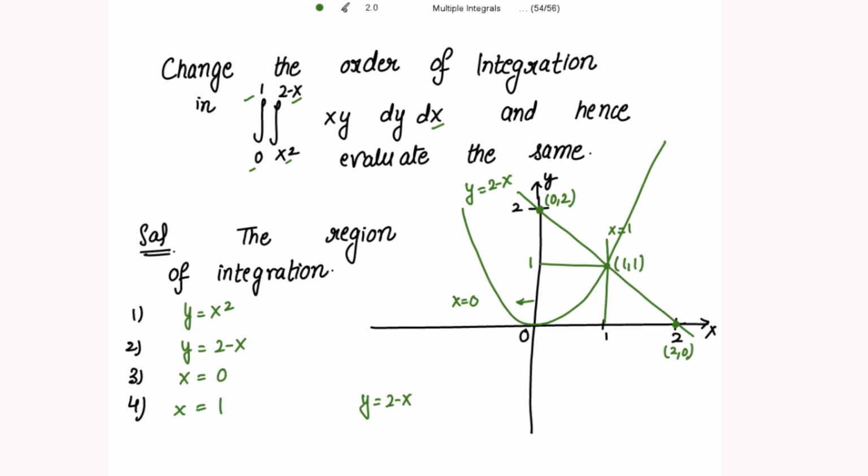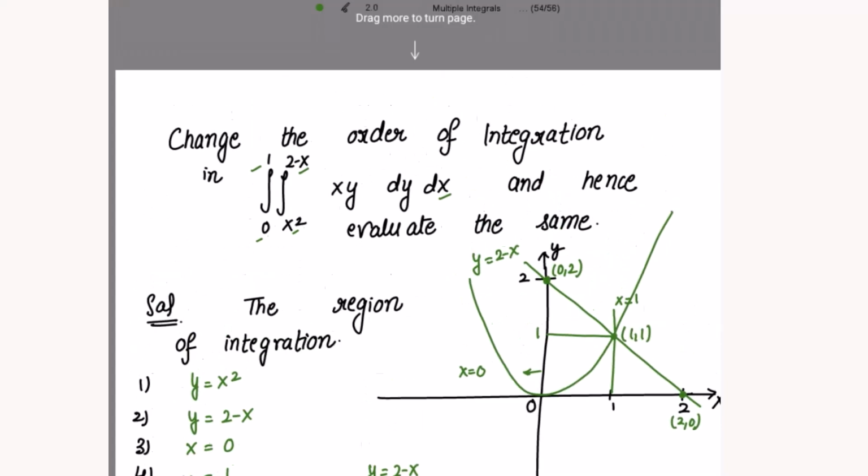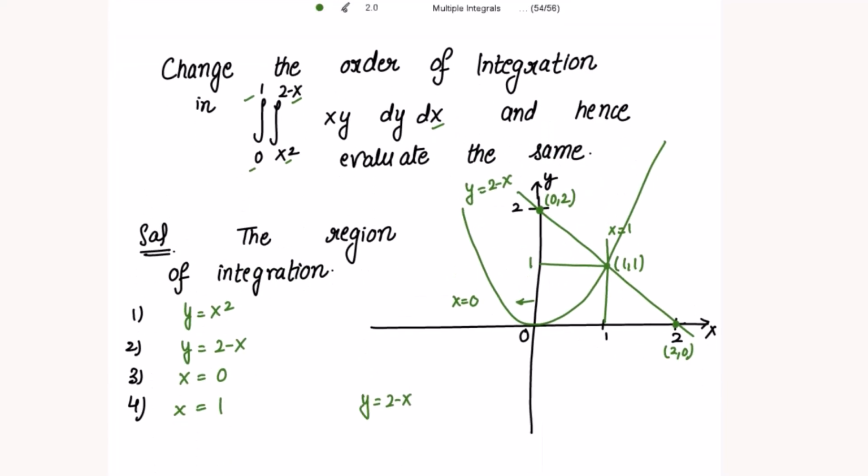I remember that if the limits for x are constant, I will draw the strip parallel to the y-axis. If the limits for y are constant, I will draw the strip parallel to the x-axis. Now in this double integral, the limits of x are constants, so I am drawing the strip parallel to the y-axis. So this is the strip.